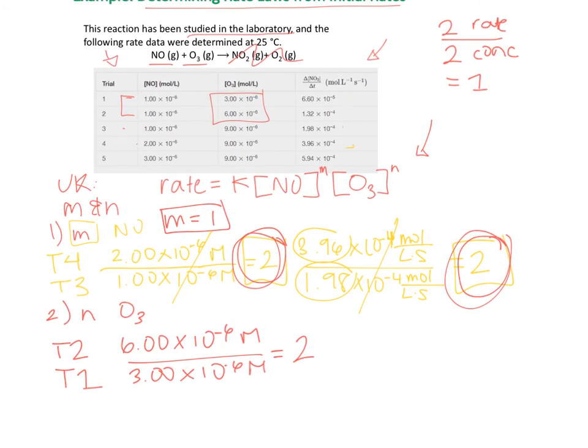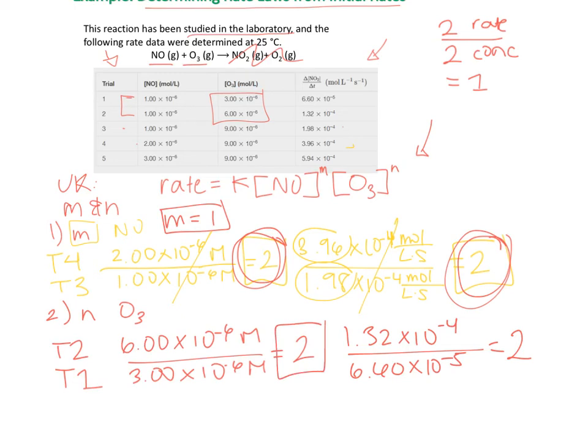And then as far as the rates, we have 1.32 times 10 to the negative 4 divided by 6.60 times 10 to the negative 5. Now this one you might need to actually type in your calculator because it doesn't seem so obvious. But whenever you divide this out, you should end up getting also 2.